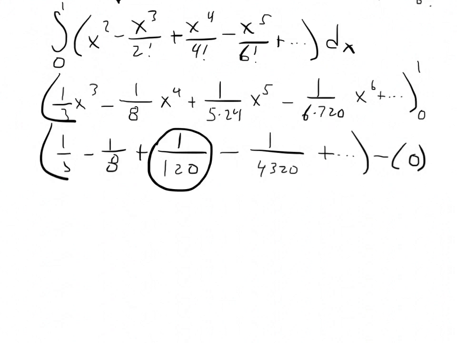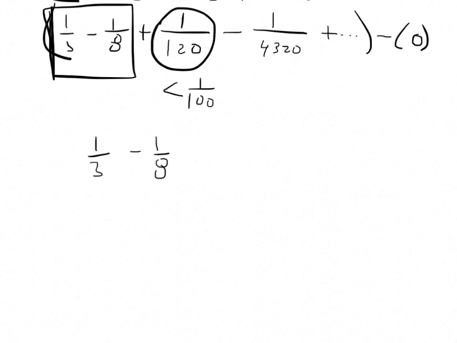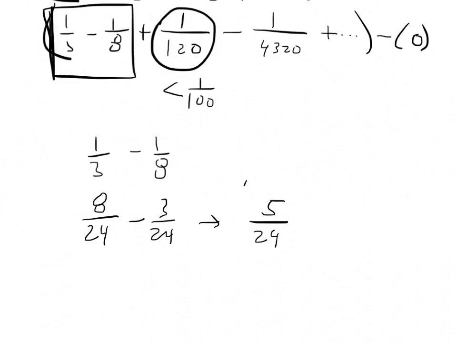This guy right here is less than 1/100th, so the approximation of the integral requires only that I add up these first two things. 1/3 minus 1/8. Let's see here, I guess we could get a common denominator. That'd be 8/24 minus 3/24. So 5/24 is my approximation for that previously impossible definite integral.